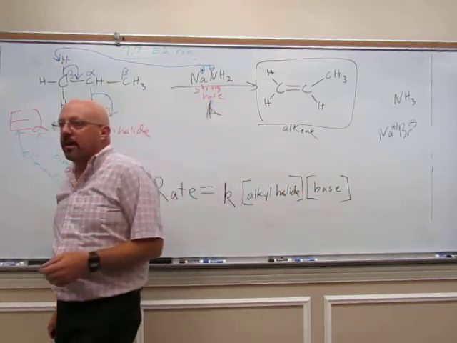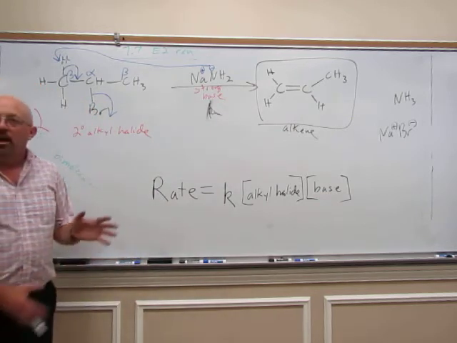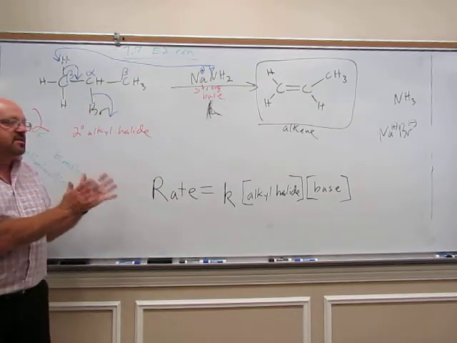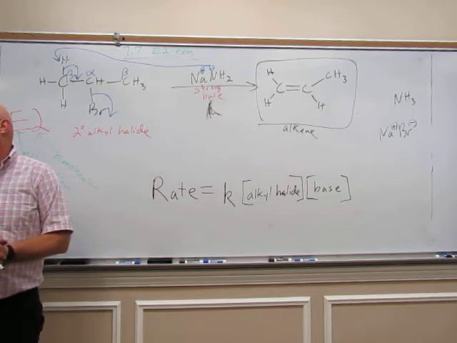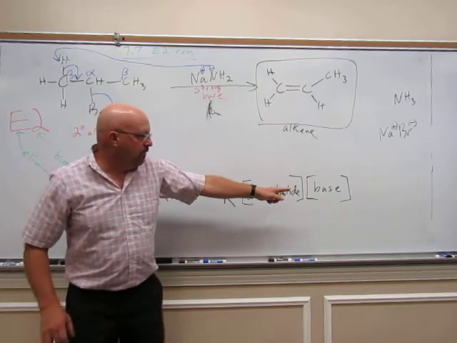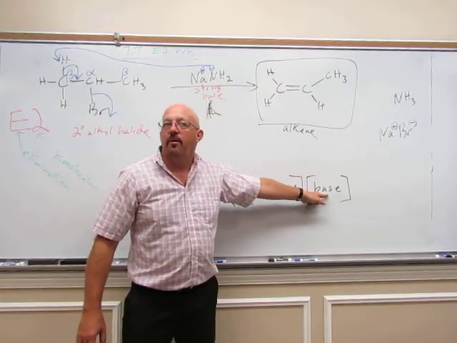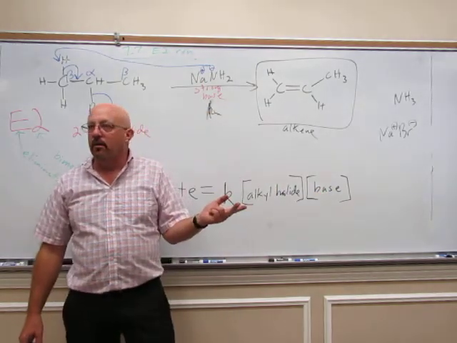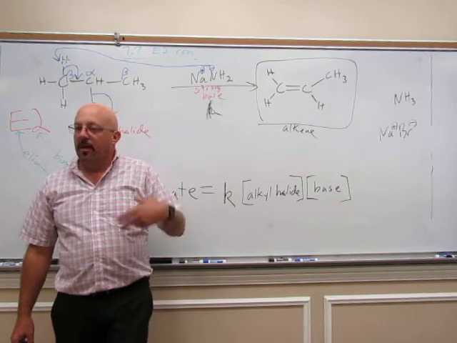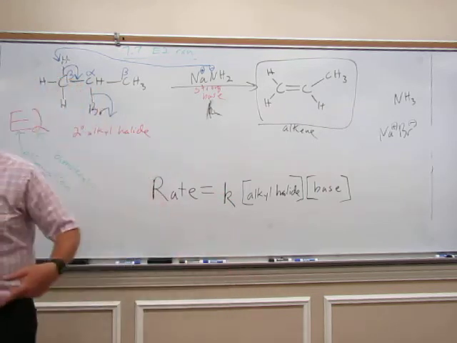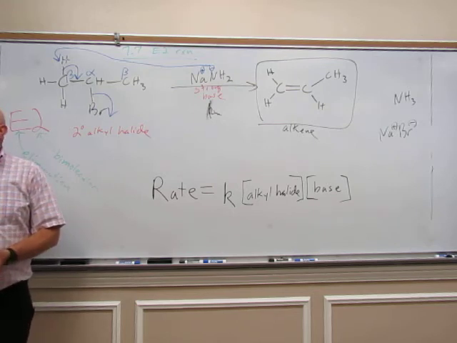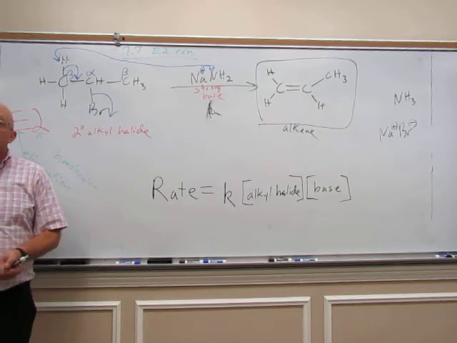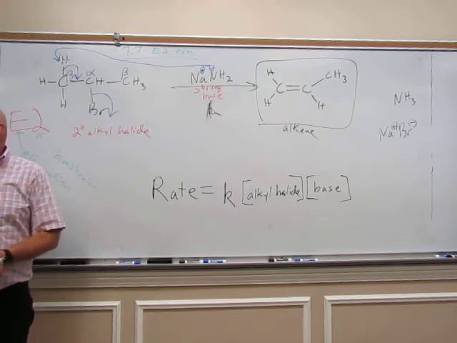It's a bimolecular reaction. Now if you look back in your notes, this is the same rate equation that we saw for SN2. Now for SN2, I wrote the word nucleophile here instead of base, but a base and a nucleophile is the same thing. A base is a nucleophile and a nucleophile is a base. So they have the exact same rate equation. SN2 and E2 are always competing with one another.